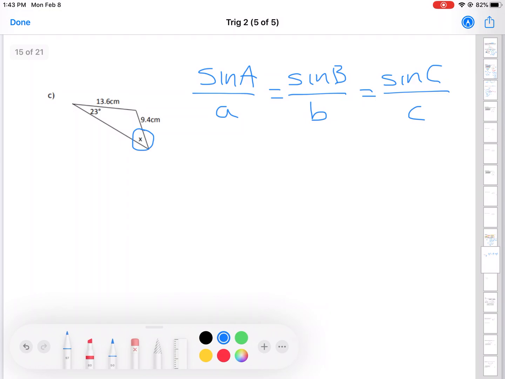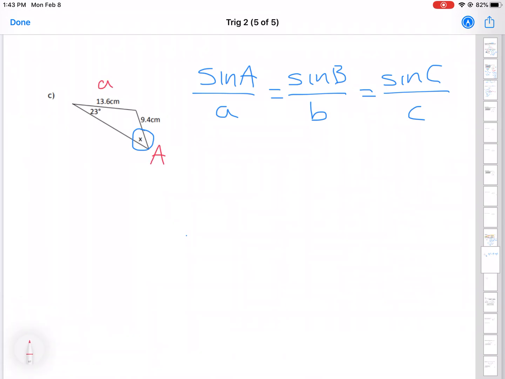Now if we label what we want to find, we can use any label for each of these. So I'll go for A for the angle I want to find, which means 13.6 is side A, and I'll say that the other side is C, so that angle 23 can be C and 9.4 can be C. Now B is the other angle and side, which I don't need anyway because I want to find angle A. I've got side A, I've got angle C, and I've got side C. Don't have anything to do with the B's, so they disappear.